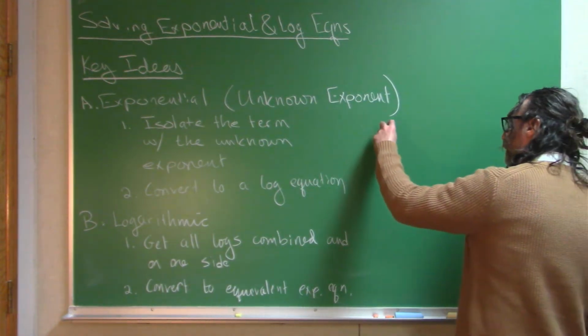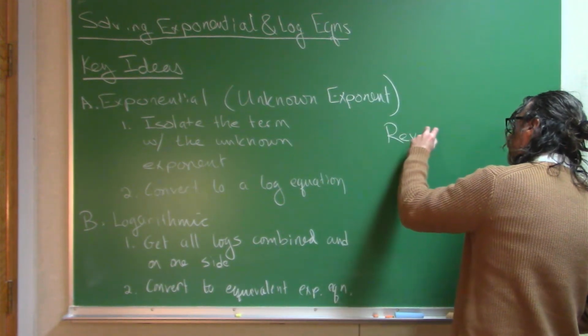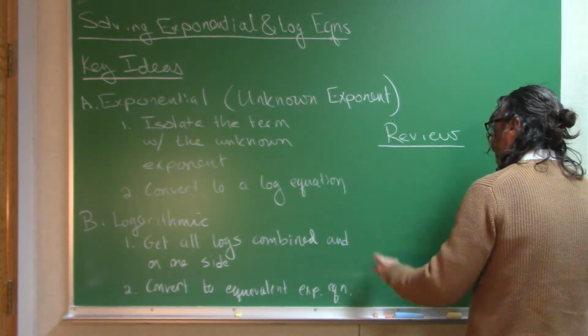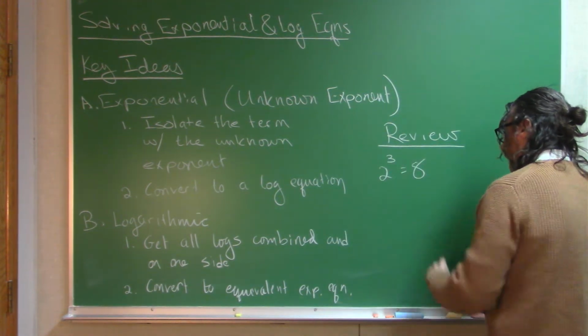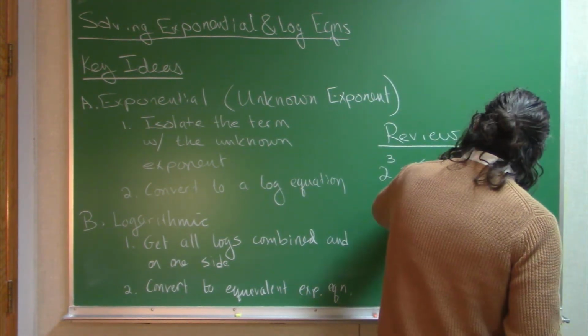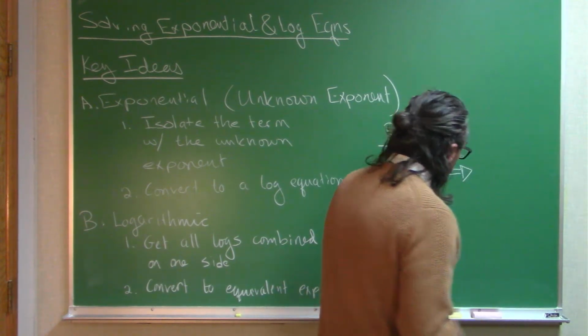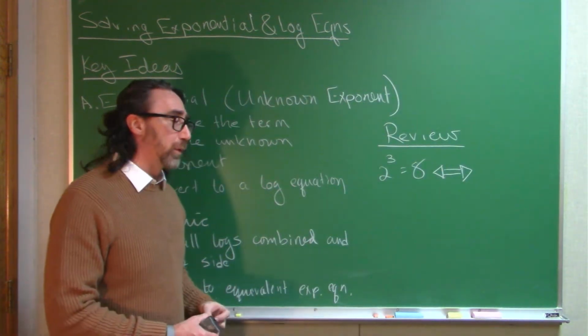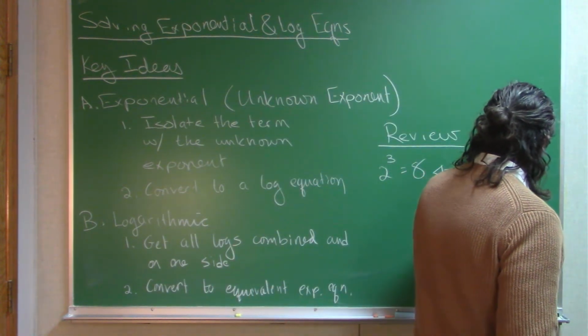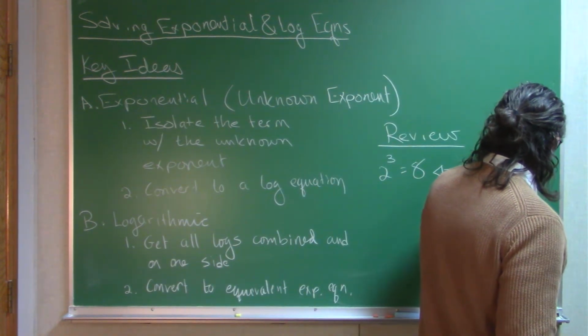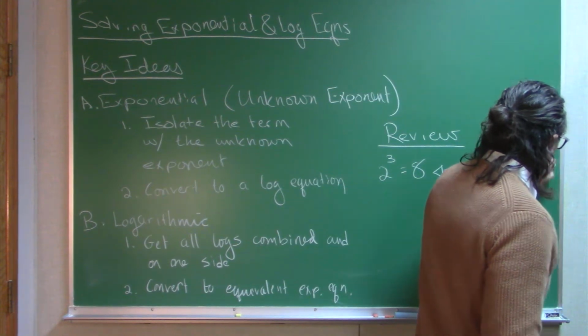And just for a quick review, 2 cubed equals 8. That is an exponential equation. It's an equation that involves an exponent. The equivalent log equation is log base 2 of 8 equals 3.